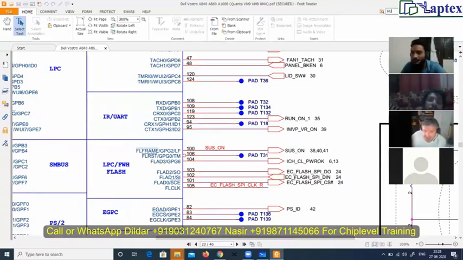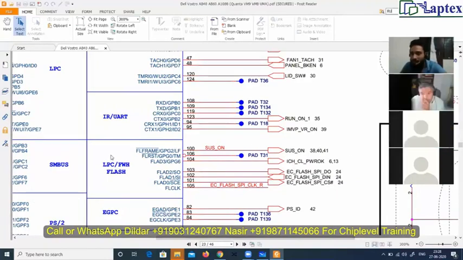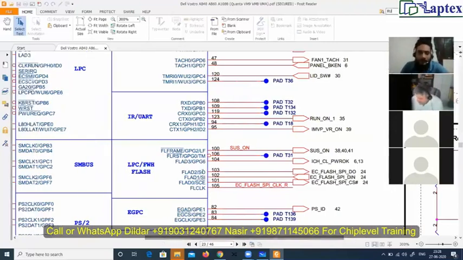So it's a 33 megahertz communication between BIOS and IO. This will only be triggered after the handshake signal is given by the PCH. You'll understand all the sequencing when Nasir sir tells you. PCH controls.